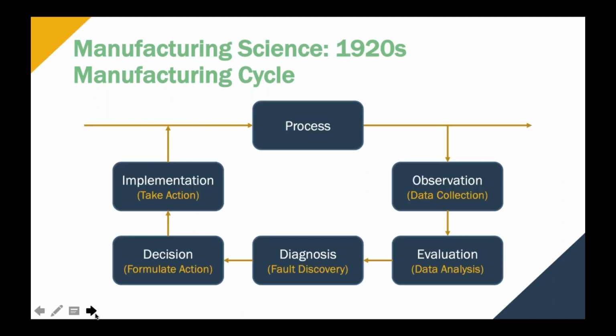And instead, a modern process, no, this is not the 1920s manufacturing cycle, it's the modern one. We observe, we evaluate, and we diagnose a process as we put it in. And so, for instance, if you're installing wires, putting colored tape to match the color of the wire where you need that wire to go can prevent miswiring.